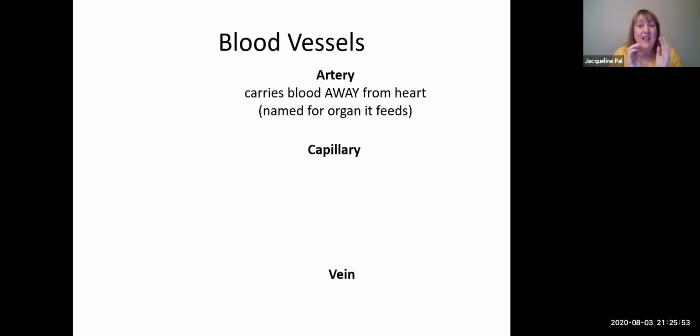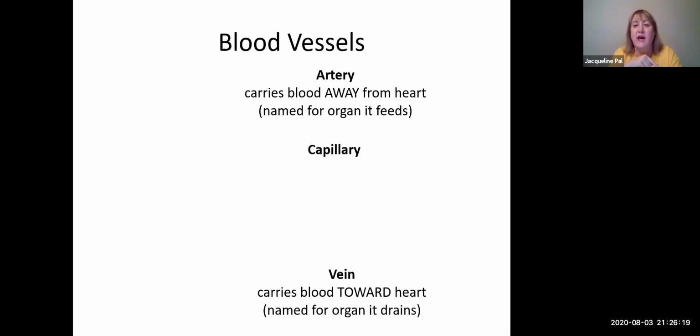So it has nothing to do with whether or not that blood vessel is represented by a red structure or a blue structure in drawings and in models. But an artery carries blood away from the heart. And it's usually named for the organ where the blood is going to. For instance, if it's going to your spleen, it's called the splenic artery. If it's going to your ovary, it's the ovarian artery.